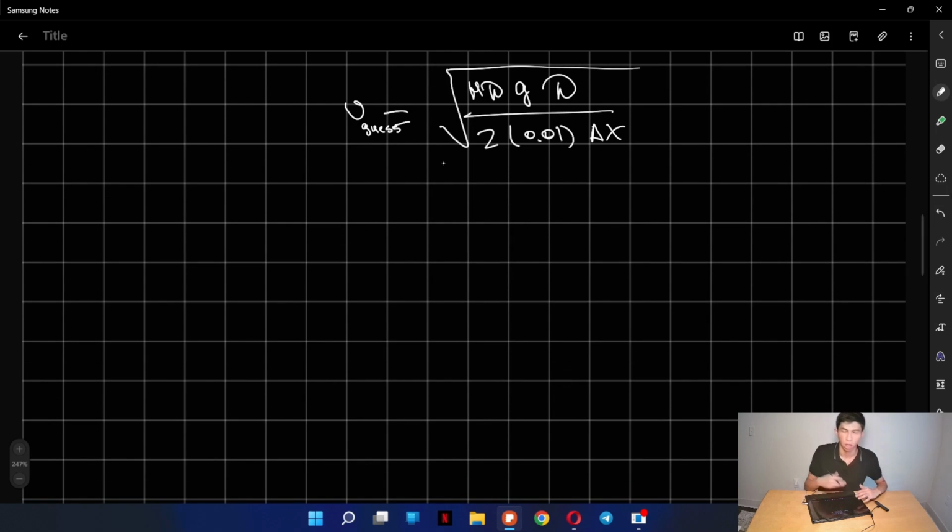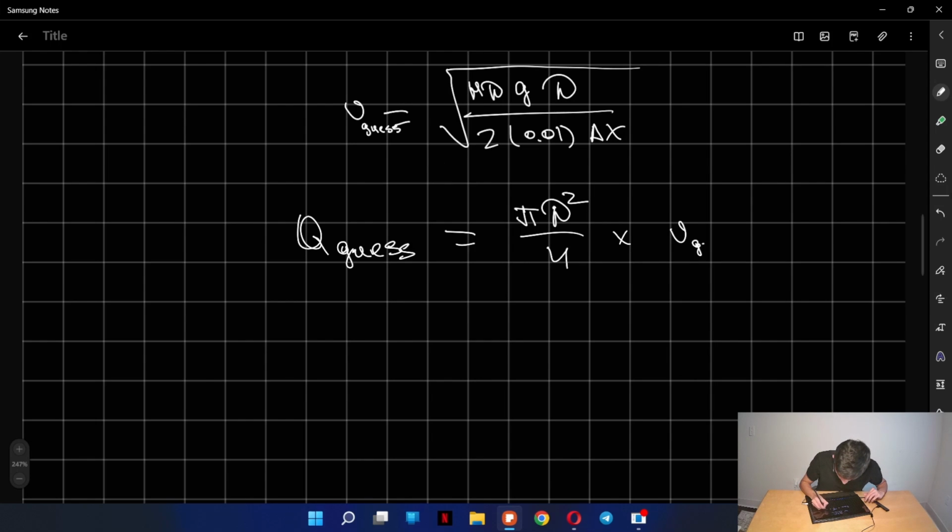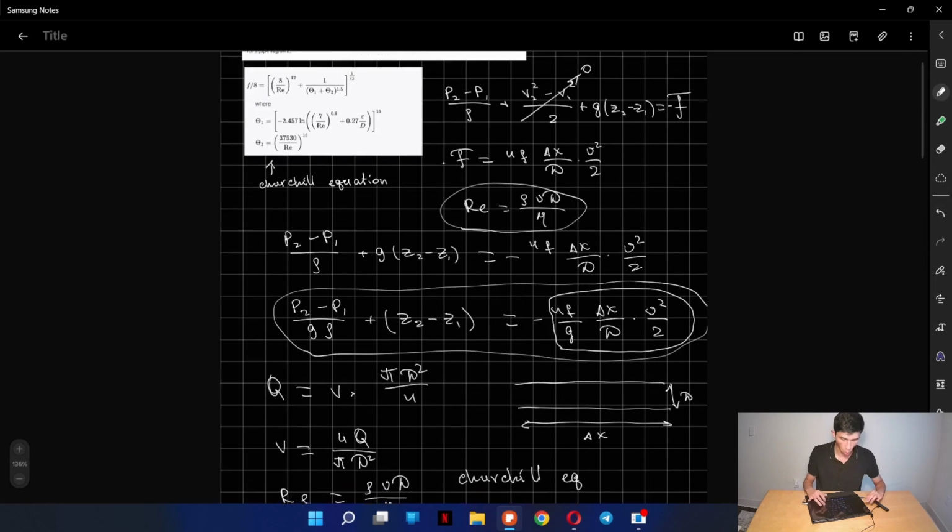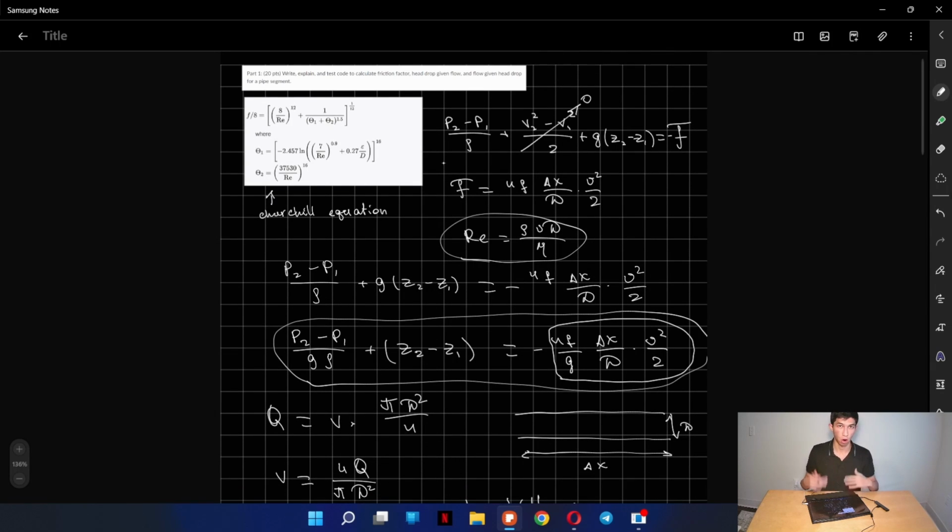Okay, then when we're using the SciPy optimize root solver, we need to provide our initial guess for the flow rate for the actual answer, right? So our flow rate guess is going to become pi d squared over 4, which is the cross-sectional area of a pipe, multiplied by this velocity. Okay, now we have all the information needed for our Python code.